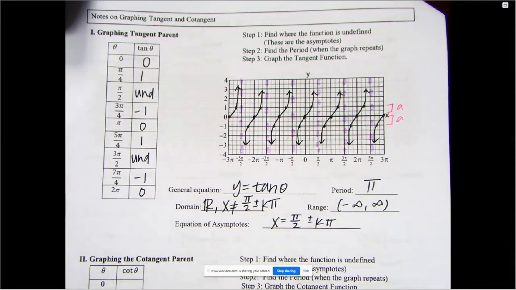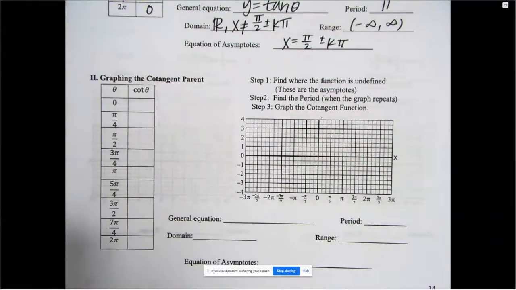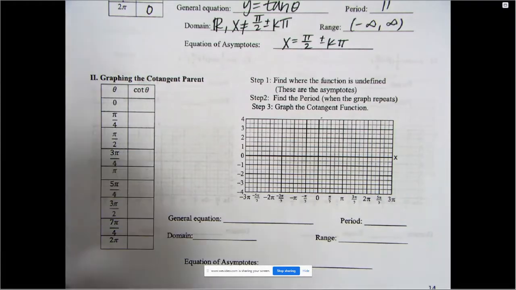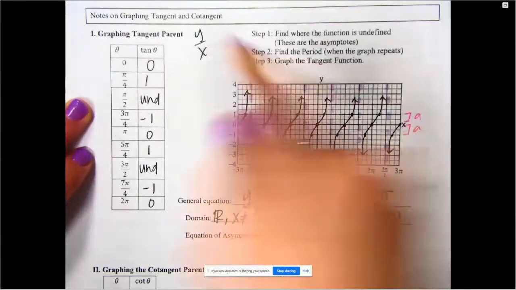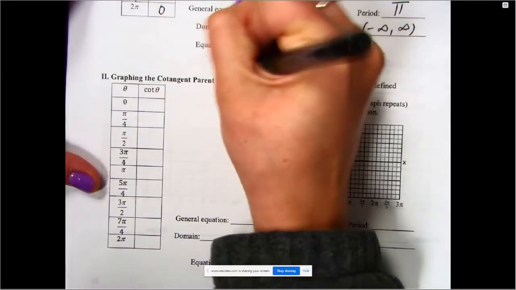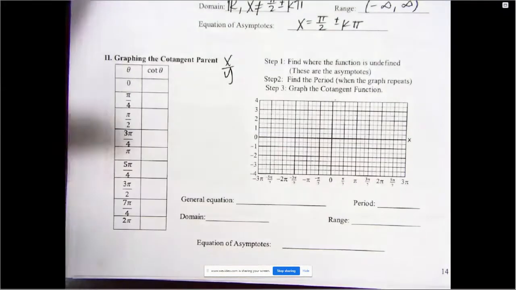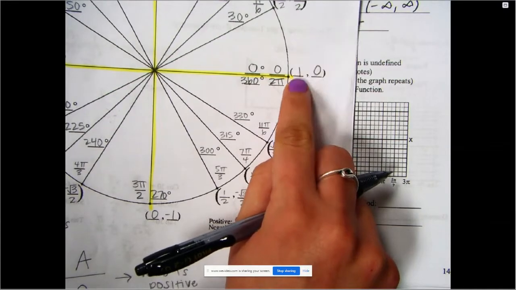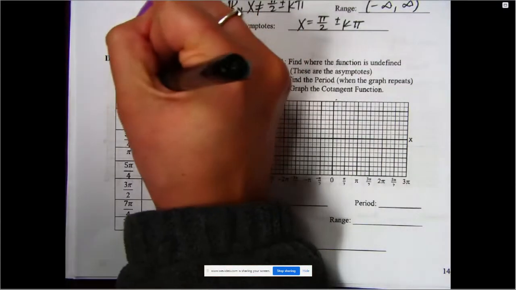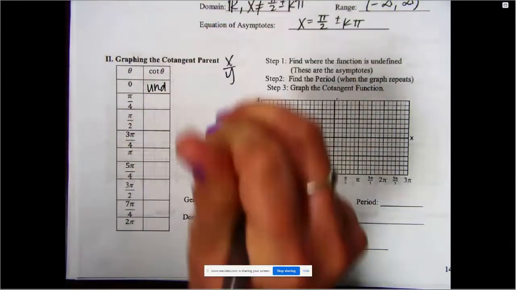Okay, cotangent now is just the reciprocal of tangent. So instead of doing y over x, we are now doing x over y. So still using your unit circle at 0, x over y is now undefined.